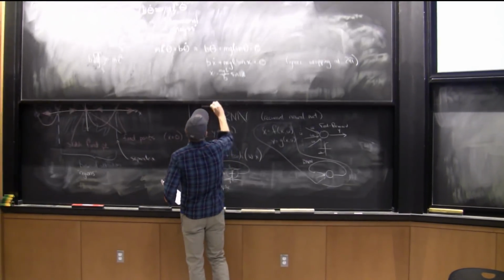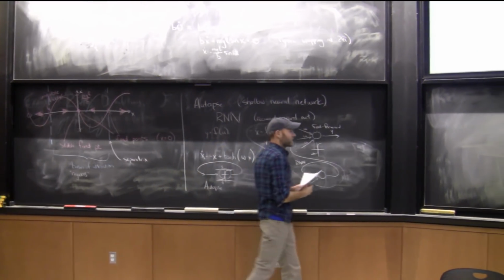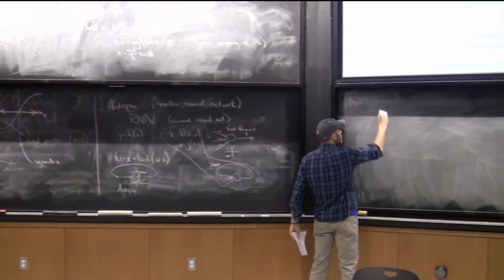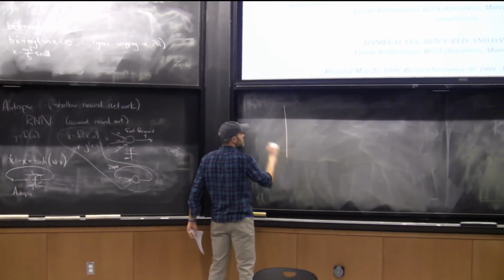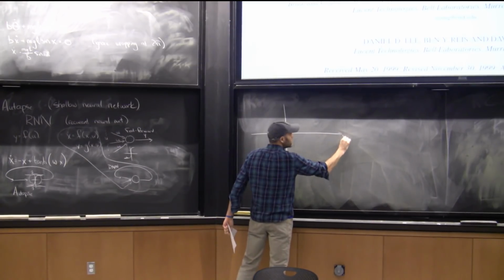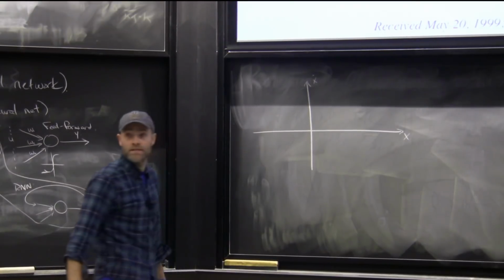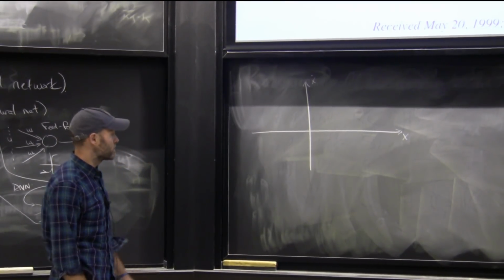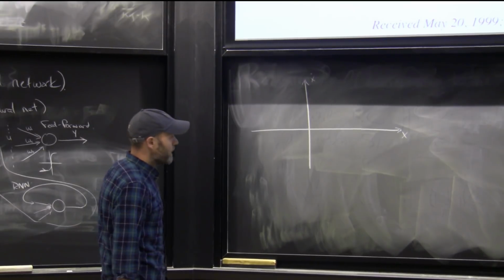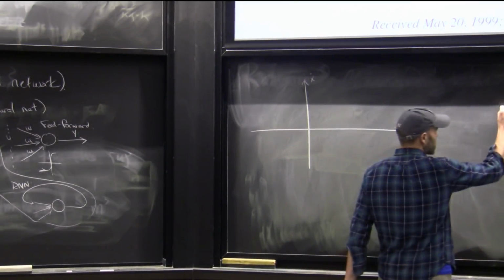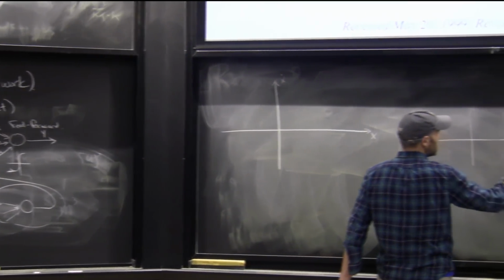Actually, I'll leave that here and draw it over here. All we have to do is plot x versus x dot, and we should be able to get the basic gist of it. First of all, you know what tanh looks like. I want to make sure you know.